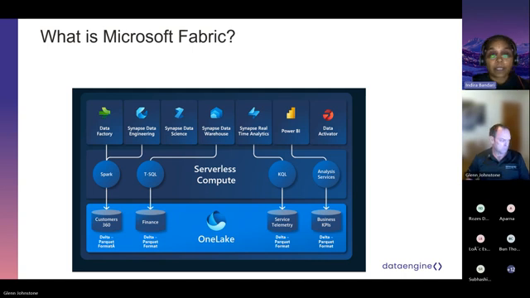So anything in OneLake can be analyzed using these workloads: the data factory workload, or a Synapse data engineering workload, or a data science workload, or a data warehouse workload. And also the recent component is real-time analytics, which was announced at Build, I think 3 weeks ago.